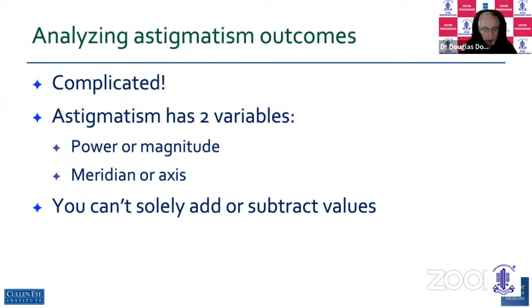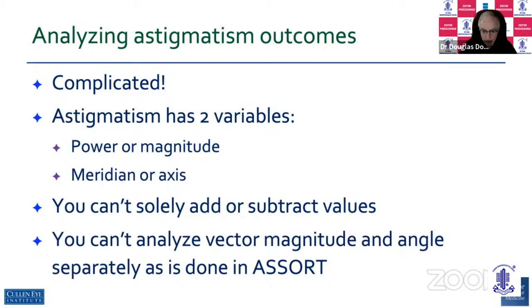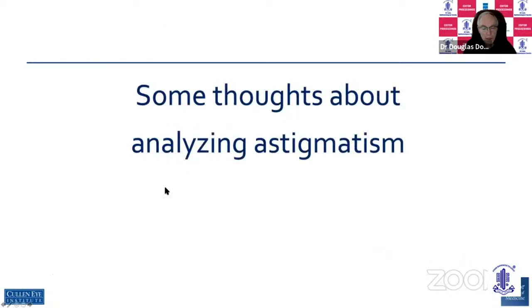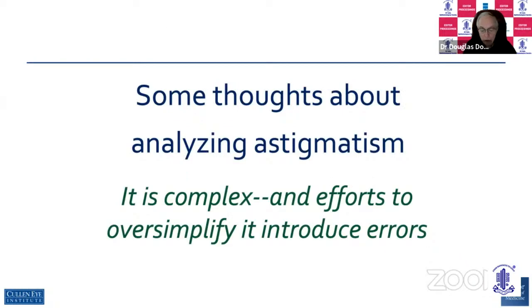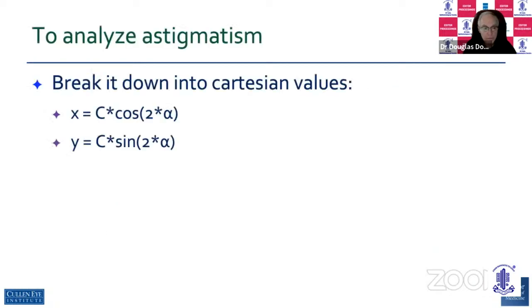You can't solely add or subtract values when you're analyzing astigmatism. You can't analyze vector magnitude alone, and you can't analyze vector angle alone, as is done in a program like ASORT. You have to combine them, because if you don't use the two variables together, you can get misleading results. So you can't oversimplify it.